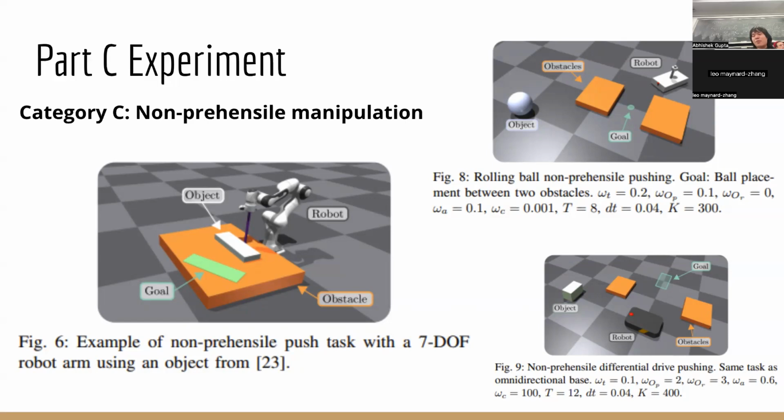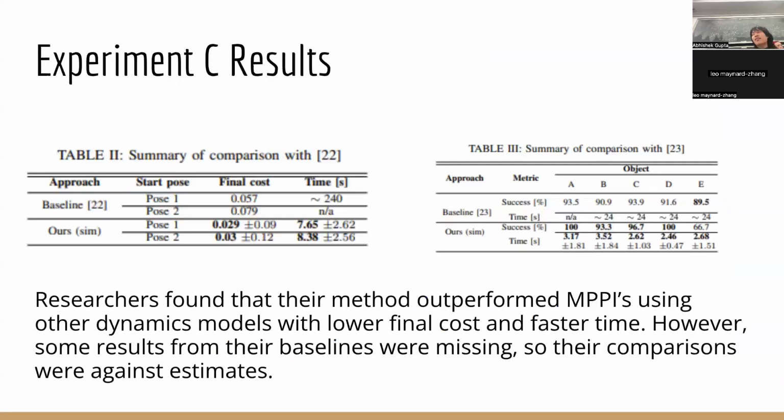In one they pushed one small object to the goal location, and in another there were 5 different objects of different sizes, all much larger, pushed into the goal location. They found that their method outperformed the other 2 MPPI methods that use trained models because they had less overall cost by the end, and they solved the problems faster.